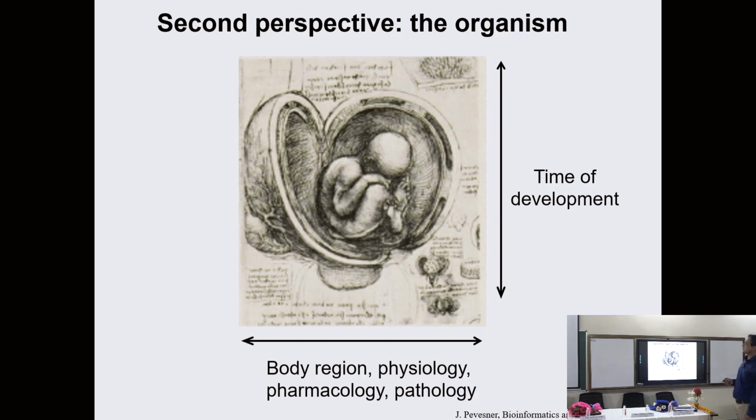So, the second perspective of omics is the organism. And we discussed human, and you said that there are 37 trillion cells in humans, and each of these cells has 3 billion, over 3 billion nucleotides. So, the same genome, generally speaking, in all of these cells.